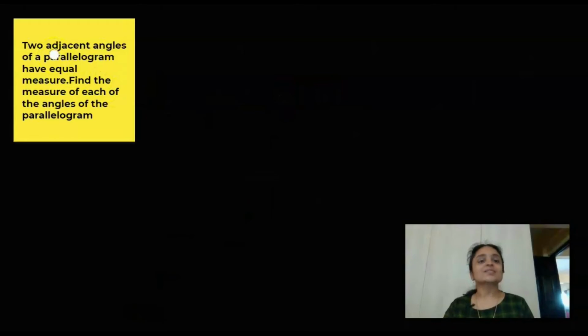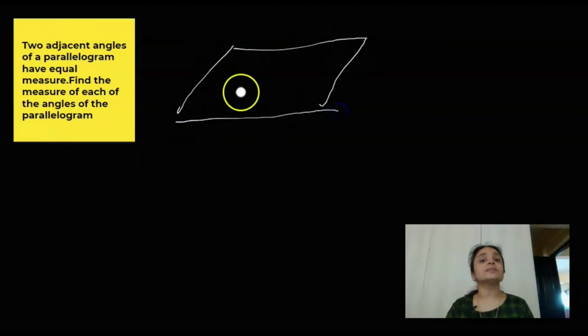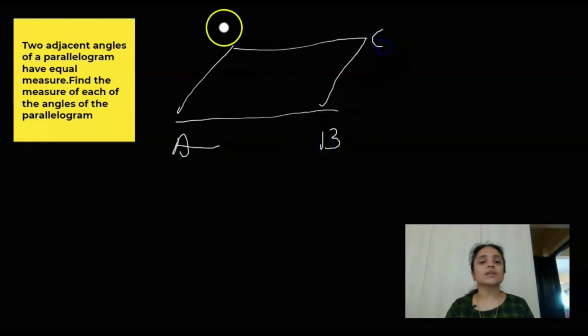Okay. Next question is, two adjacent angles of a parallelogram have equal measure. Find the measure of each of the angles of the parallelogram. Let us draw this parallelogram. Given that, let us name this as ABCD, and given that two adjacent angles are of equal measure.